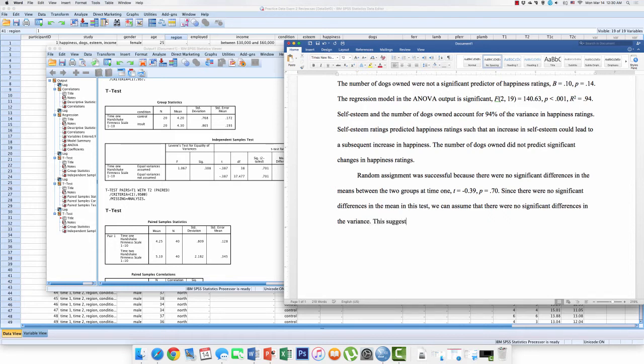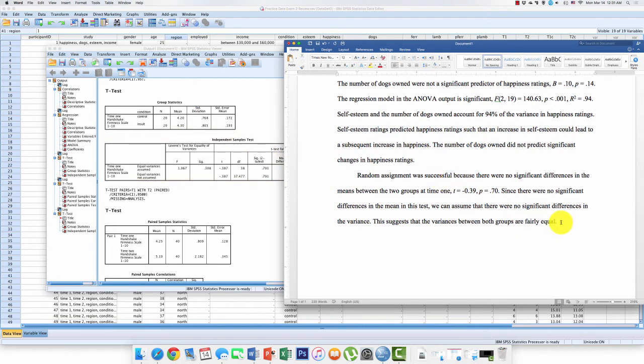This suggests that the variances between both groups are fairly equal. Okay, so that's that first part.